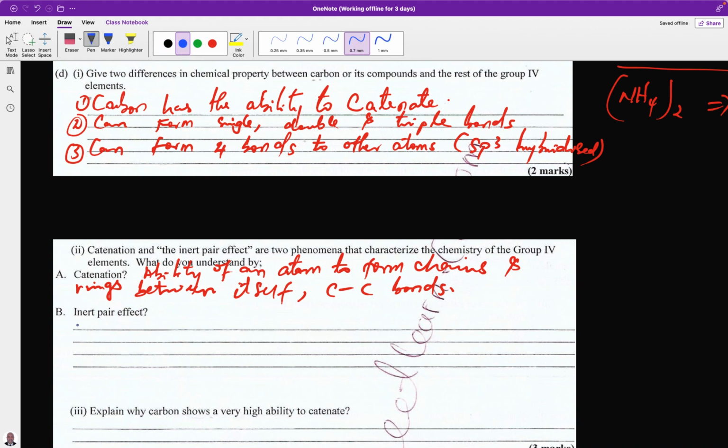Inert paired effect, I can say, is a phenomenon where the two electrons in the s orbital or in the s subshell remain paired.